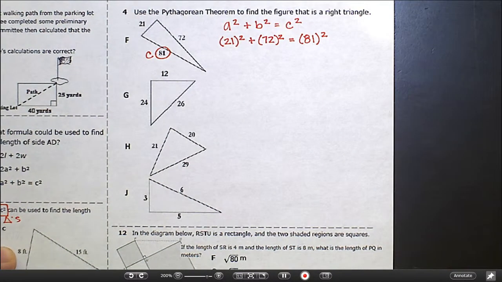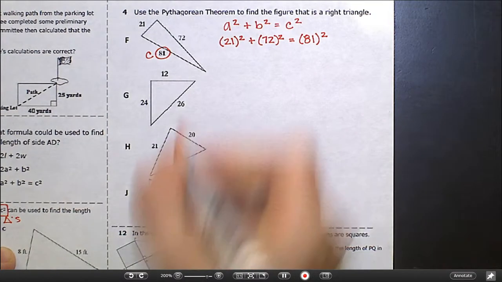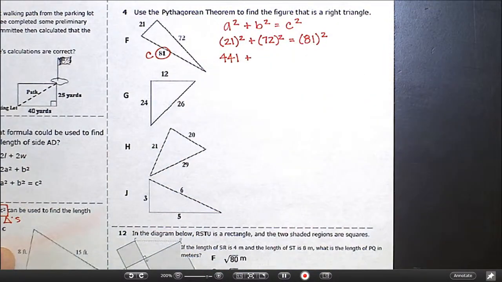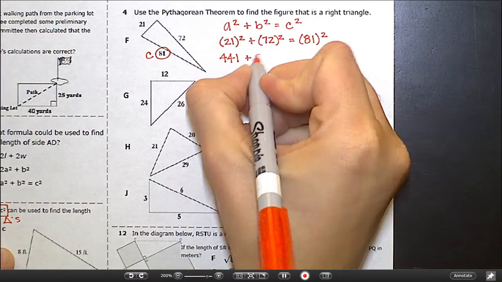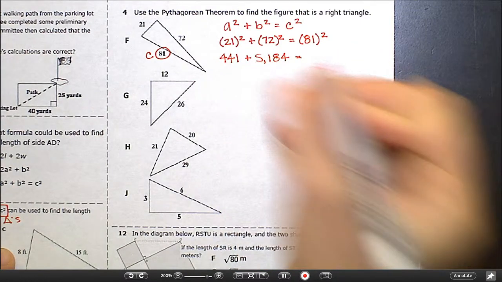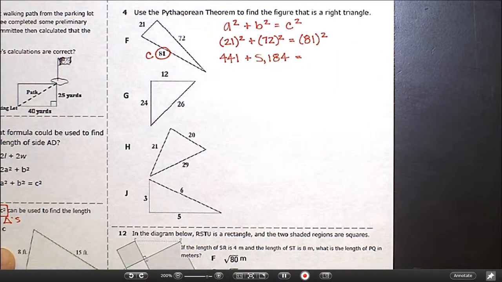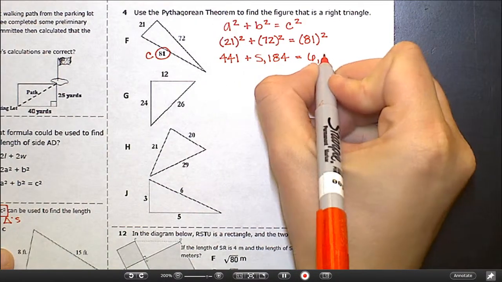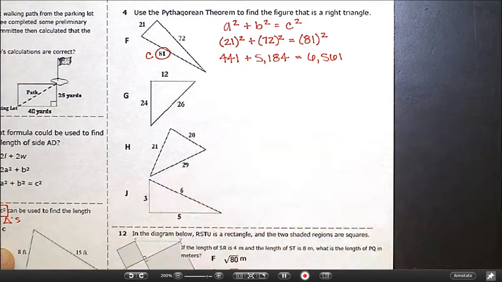So now we just plug these numbers into our calculator. 21 squared, or 21 times 21, is 441. 72 squared is 5,184. And 81 squared is 6,561.